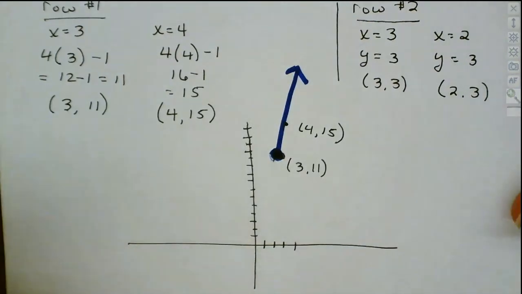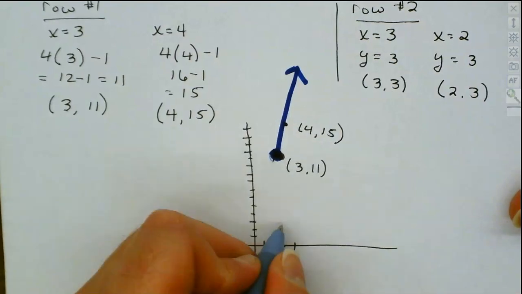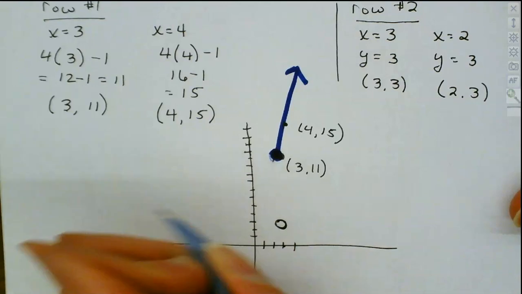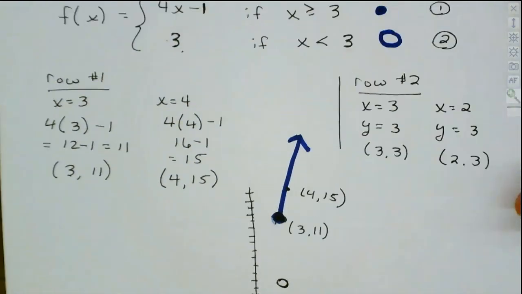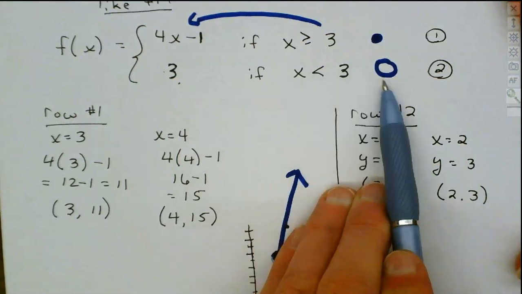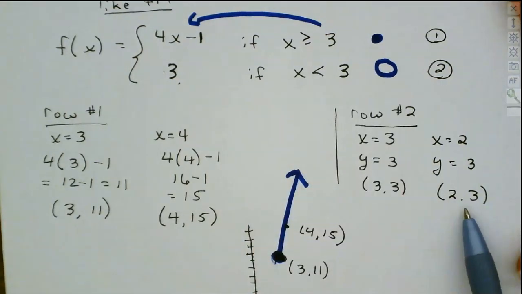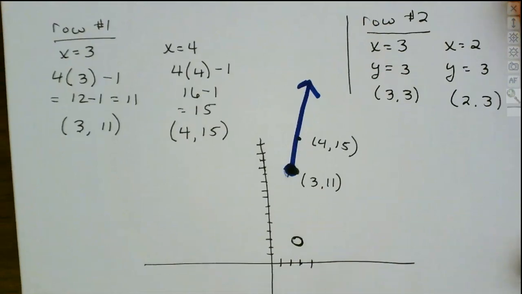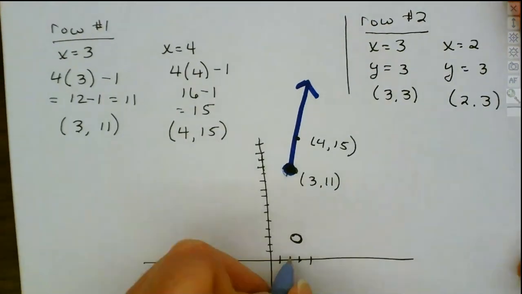So let's finish our graph out now. Where's my next point? My next point's at (3, 3). So that's over 3 and up 3. Now, it is going to get an open circle. Why is it going to get an open circle? Because it's here. Okay, open circle. What's my next point? (2, 3). So that's over 2 and up 3 again.